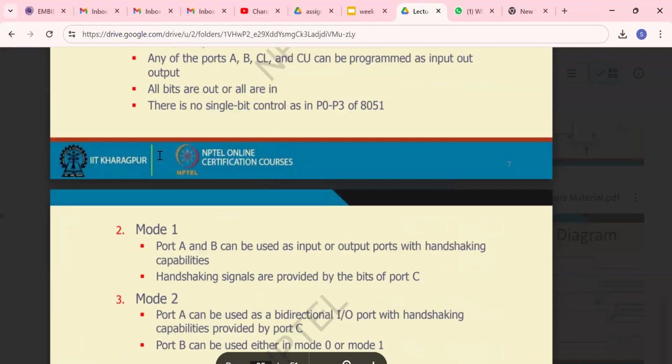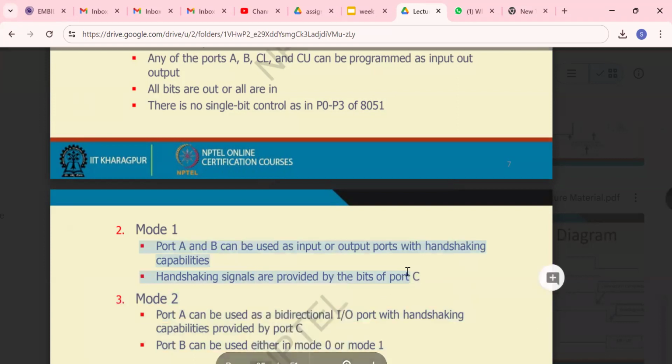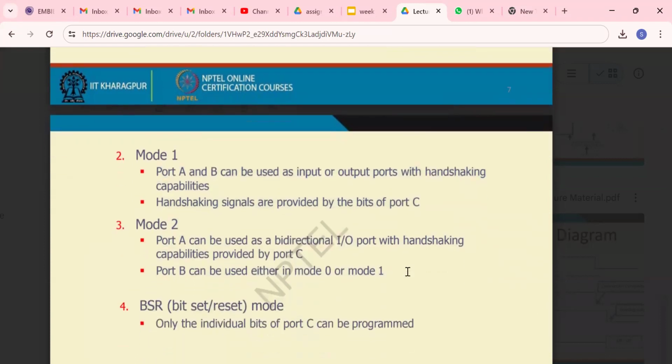The acknowledgement will be obtained from the IO ports, whether input or output. Port A and port B get the handshaking signal, and especially the handshaking signal is provided by the bits of port C. That's very important. In mode 2, port A can be used as a bidirectional IO port with handshaking signal. Always remember, the handshaking signal is provided by port C only. Port B can be used as either mode 0 or mode 1.